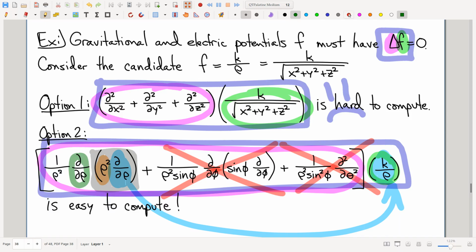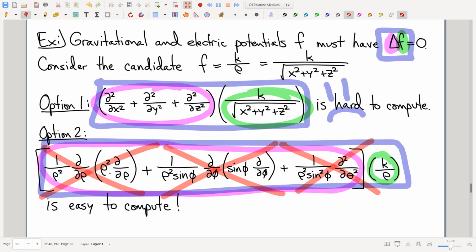And so that disappears also. And we're done. And I didn't have to write down all the algebra that we needed to do to compute this spherical Laplacian applied to this electric potential candidate. We were able to do it in our heads and confirm that, yes, this is 0 as required, and so done.